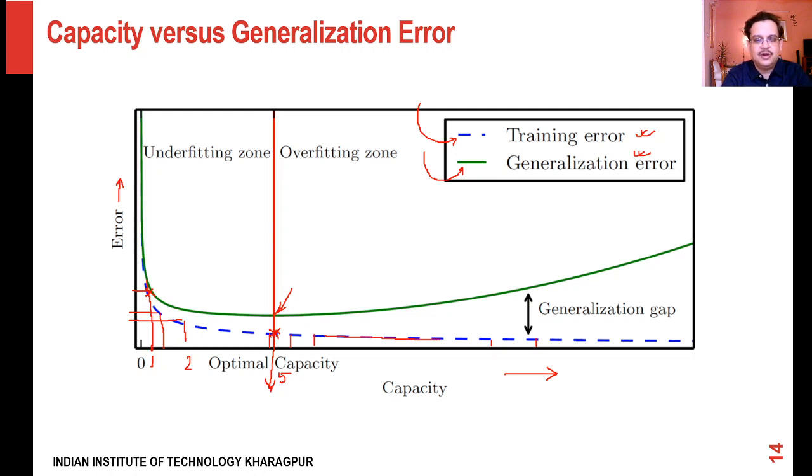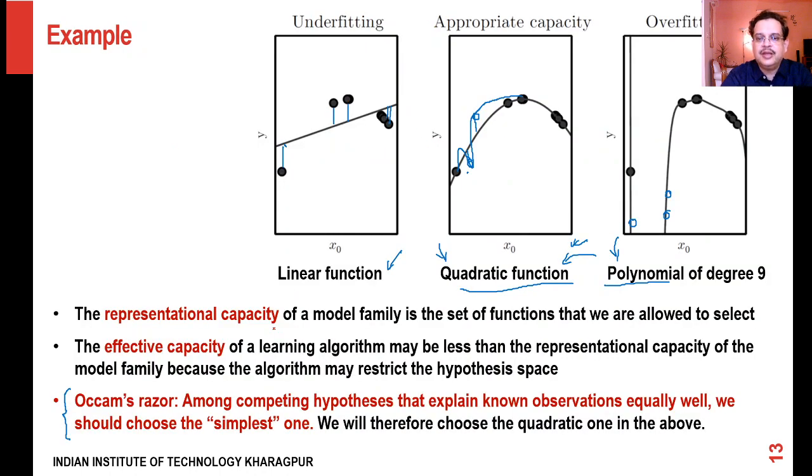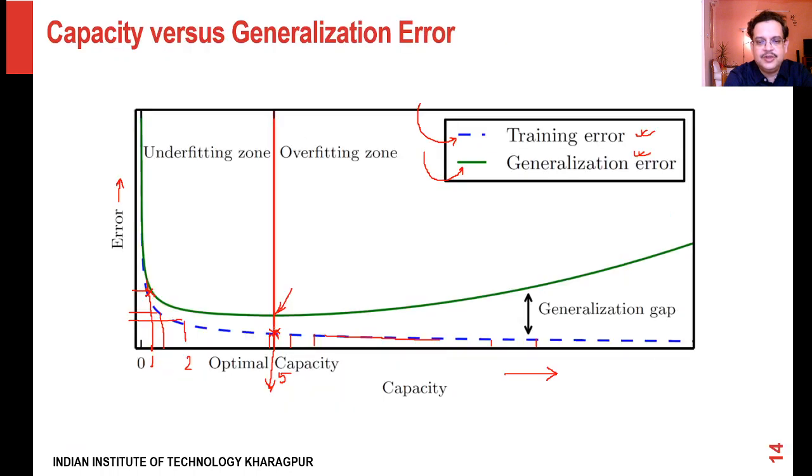Maybe you have a function which fits almost all the points very well, and a few points are not exactly on the function, and that's why we have some error. If you increase the capacity, you will start fitting more points, and then you are actually fitting the noise.